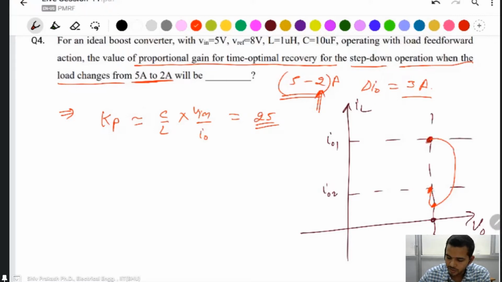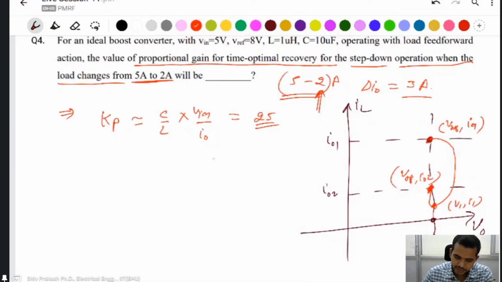So the 2 points: this one take V reference and I1, and here take V1 I1, here take V reference same and I naught, the output voltage, output current. Same process apply and find the value of Kp.